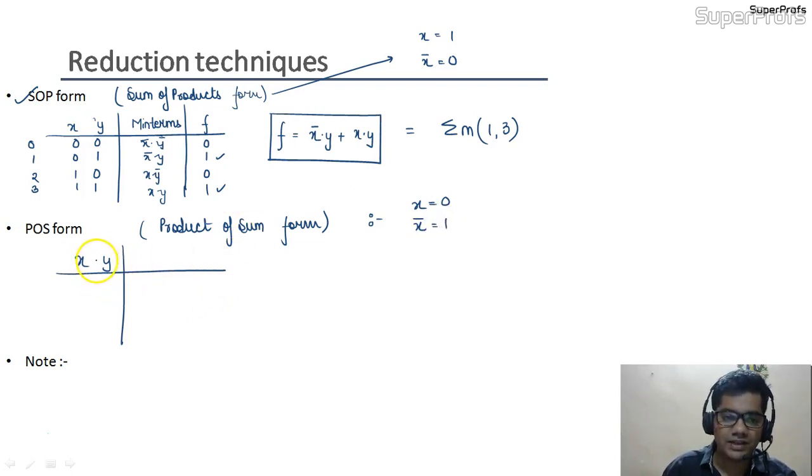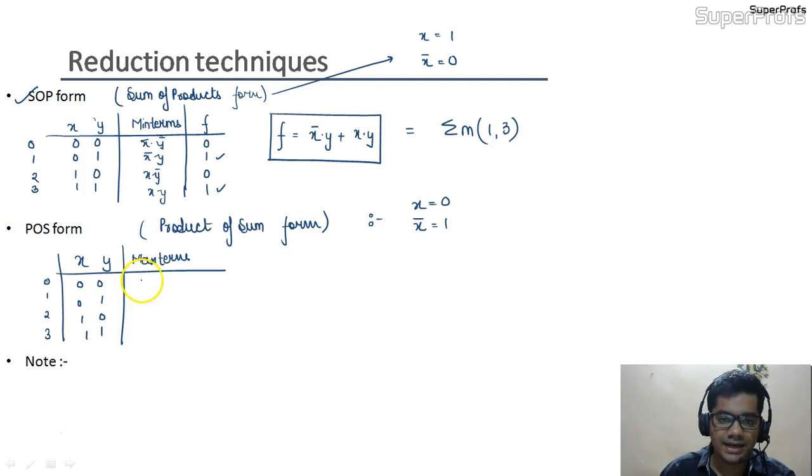So if the inputs x, y are 0 0, 0 1, 1 0, 1 1, we can write the decimal equivalent as 0 1 2 3, and the maxterms are like this.